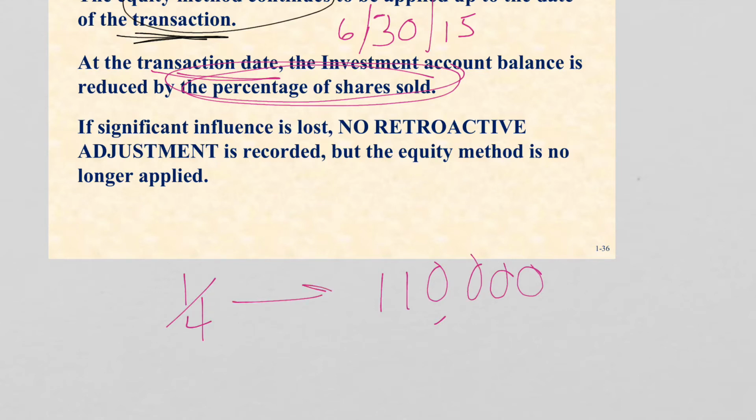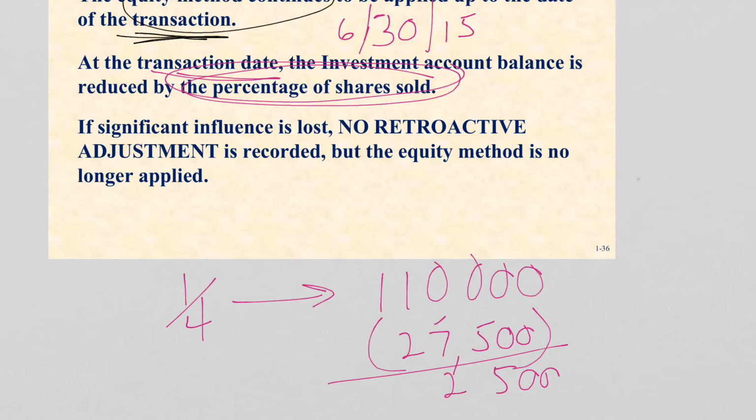You would allocate 1/4 of this amount as being the shares sold, and that would be roughly 27,500. The math might be wrong, but you get the idea, and you'll reduce the investment account by that amount. So the investment account will be reduced, and it looks like it'll be 82,500 after the sale.